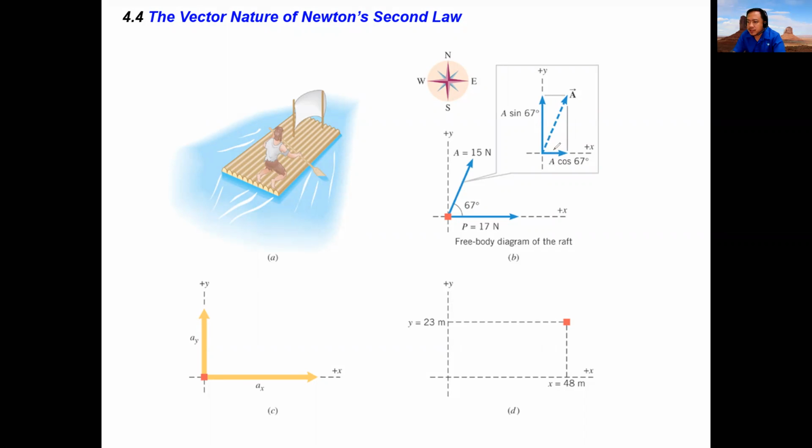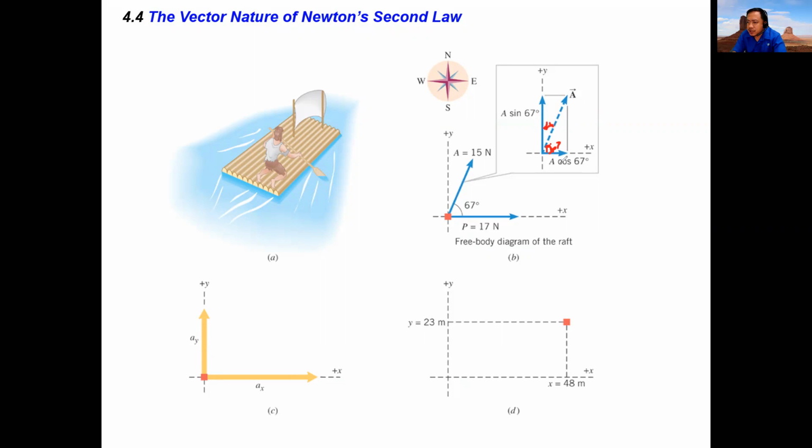If this angle is 67 degrees here, take note that this is the adjacent, and the A here is the hypotenuse. So this is the A hypotenuse here.